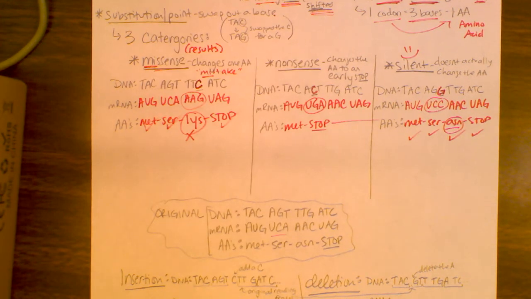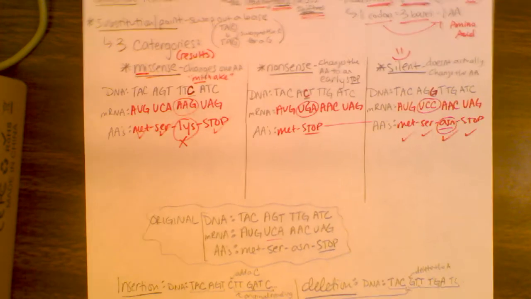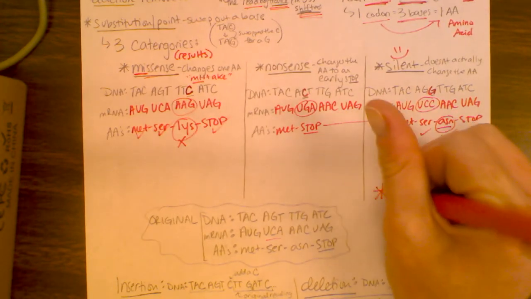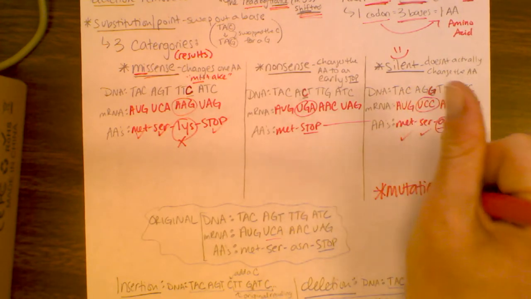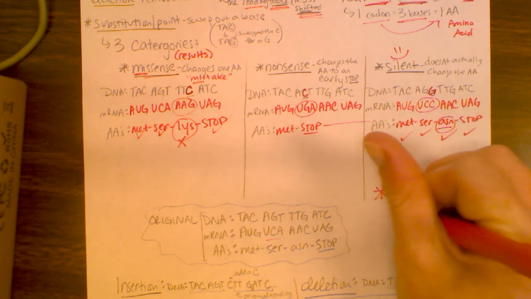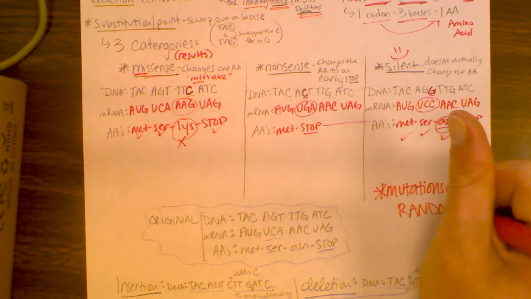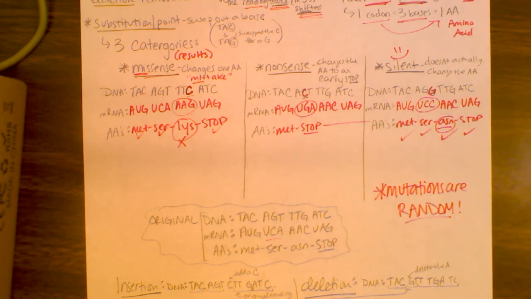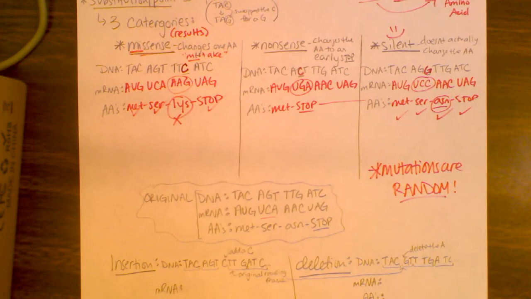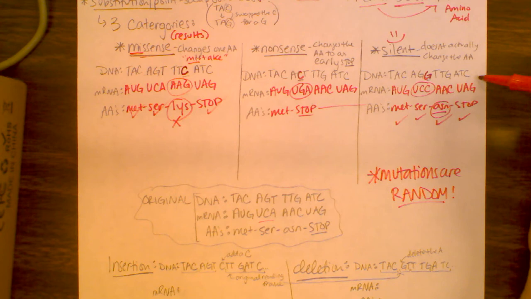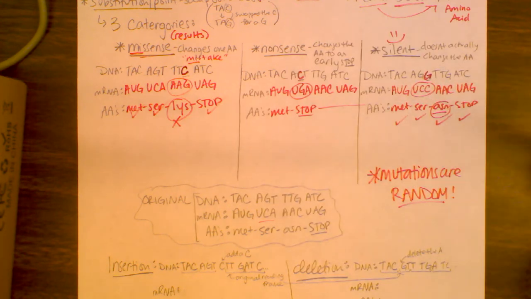All right. Now I do want to make a note here that mutations are random. Okay, they're random. Let's say that a mutation is going to happen. We can't just choose for the mutation to be silent. It could be any of those. It's just depending on where it happens. That's just luck.